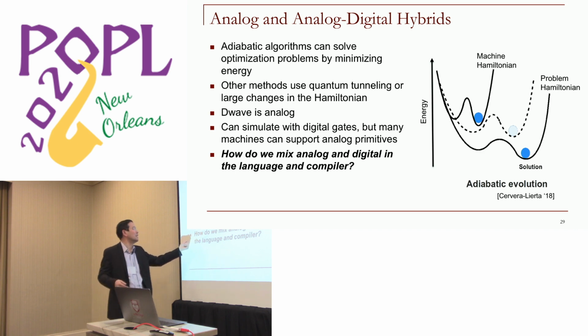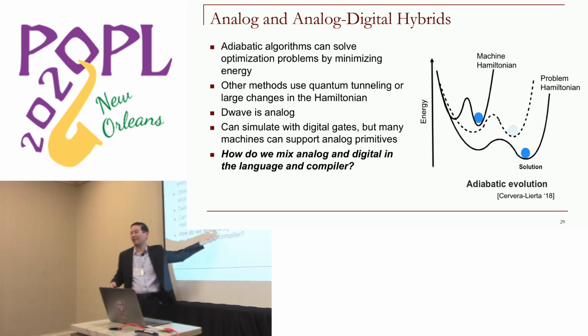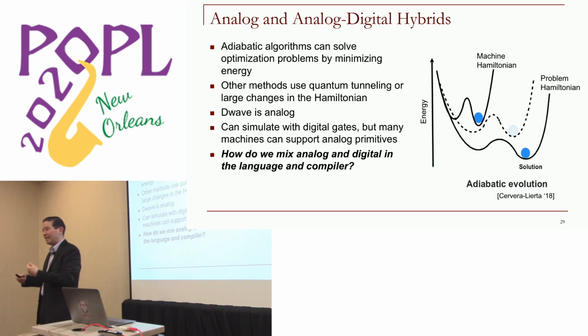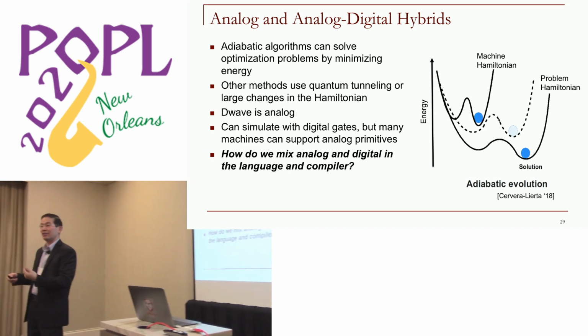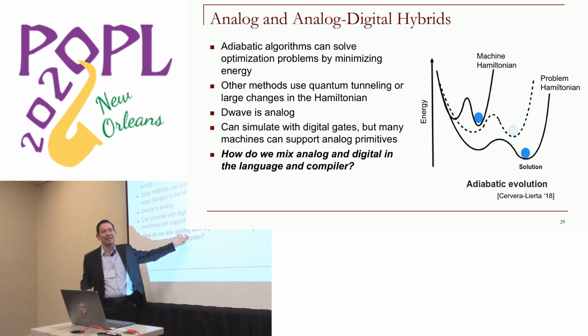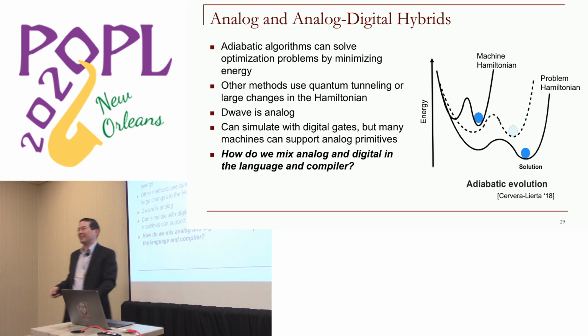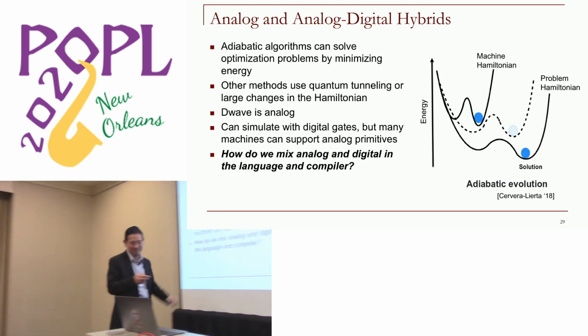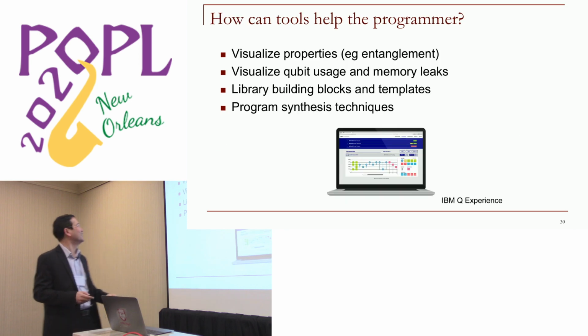And more interestingly, how would you mix analog and digital operations? Because the digital operations give you much more controllability and much more flexibility in what you can do, right? We have no idea, actually. I think we proposed this 2 or 3 years ago, but we haven't worked on it yet. But this would be great, if someone has a good idea.